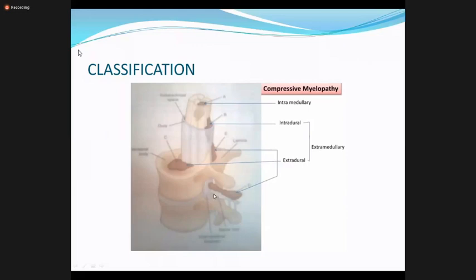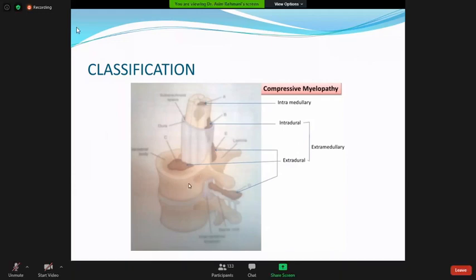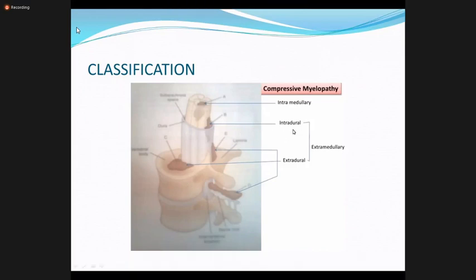And the most common causes of these lesions are metastases and primary bone tumors. The second category is intradural extramedullary, that is within the dura but outside the cord. And this is the category in which meningioma and neurofibroma are most common. And then comes the intramedullary category, that is the lesion within the cord substance.